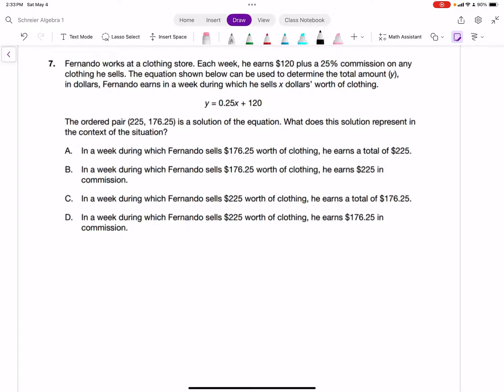So X is the dollar amount of clothing he sells, and Y is his total pay. So the $120 is like the base pay.